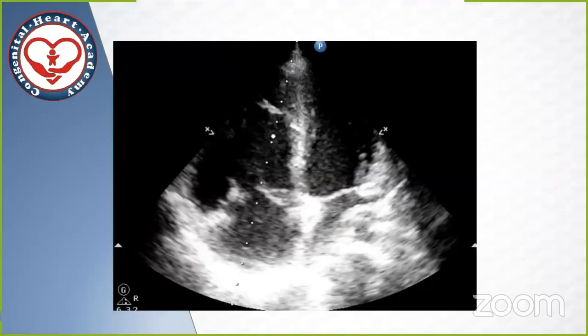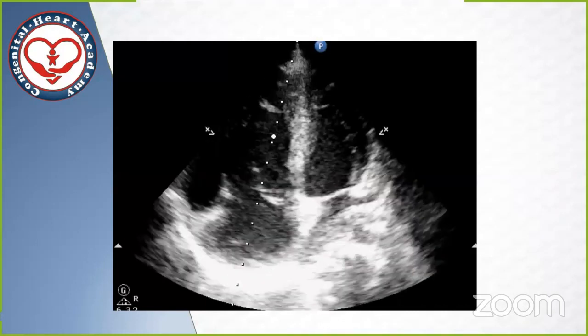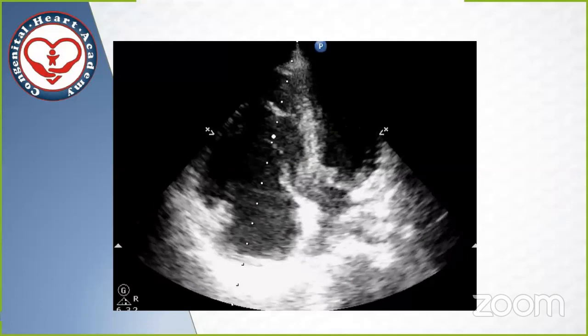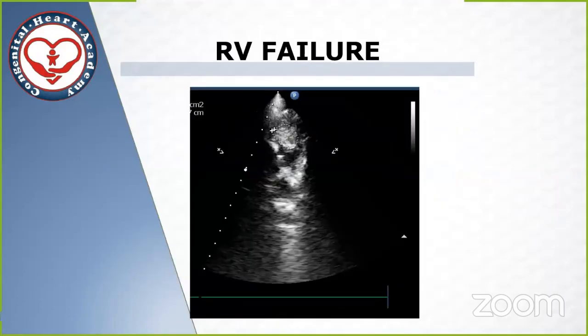We talk about that. When you see a right ventricle that doesn't function, you have to identify things. This is a pulmonary embolus, a thrombus in a postoperative RV-to-PA conduit.